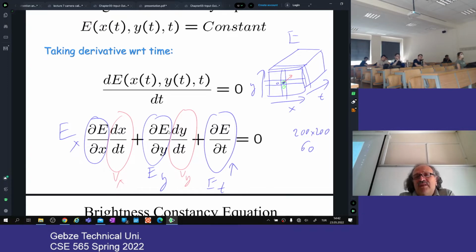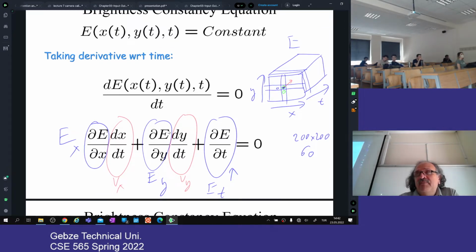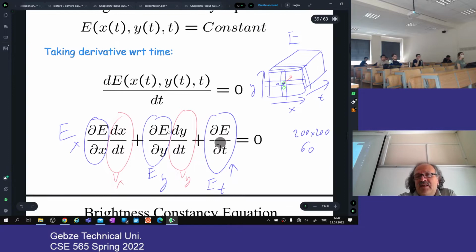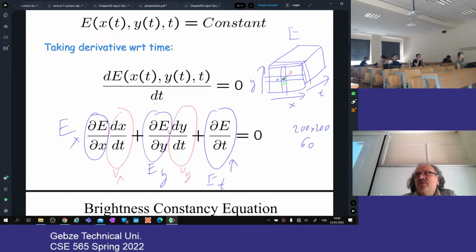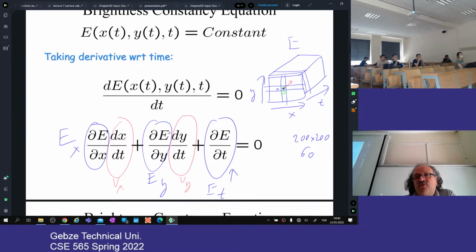So what am I calculating here? I have a gradient vector. This is the gradient vector. This is the velocity vector. So I am taking the dot product of the gradient vector and the velocity vector, and I am adding it with a scalar, and I'm getting a 0. So if I am lucky, that's what I am saying, if the direction of the velocity vector is the same as the gradient vector, then I can definitely find my velocity vector, because the velocity vector has two components.